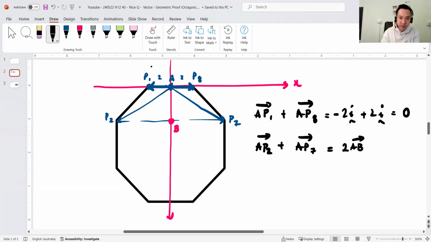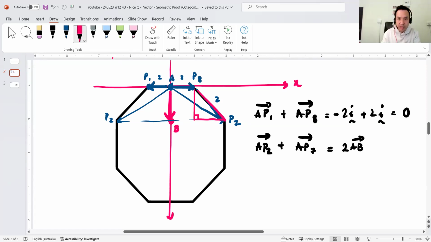So AB, I'm just going to draw as a pink vector there. Now, AB is just the height of this. Because I know that the length of this guy here is 2. I can use Pythagoras, and I know, guys, if I took a triangle here, in fact, you know what? I'll draw the triangle here.